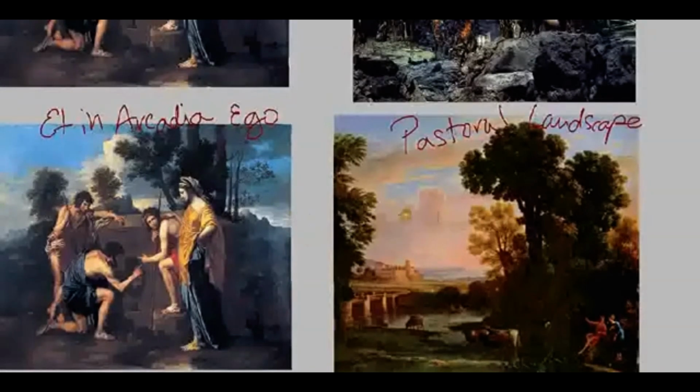Whereas in Claude's painting, there are figures over here, probably shepherds. We have some animals, but there isn't necessarily a clear story or narrative to focus on. And really, this is pure landscape. Our attention is drawn into the details of nature, right? And our eye is drawn back into this deep landscape.